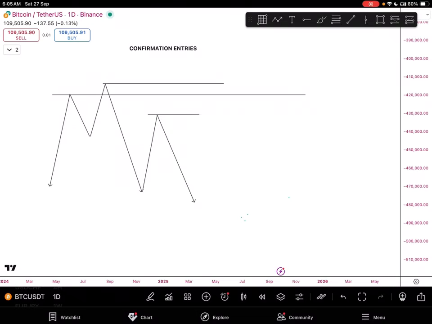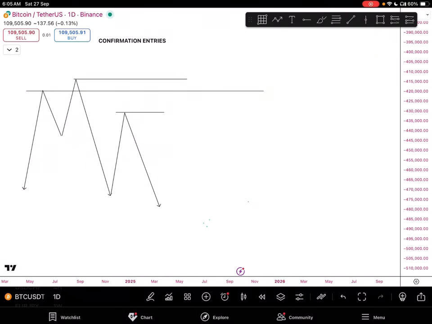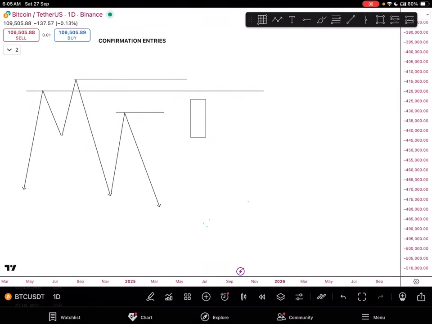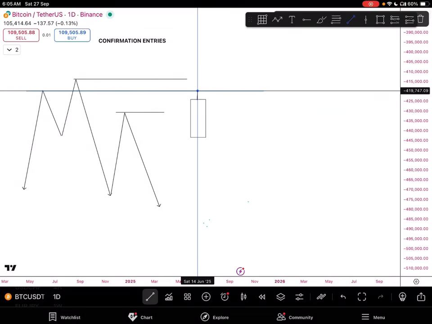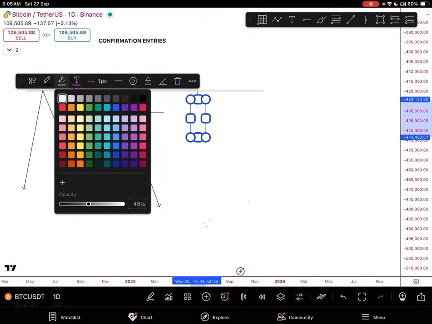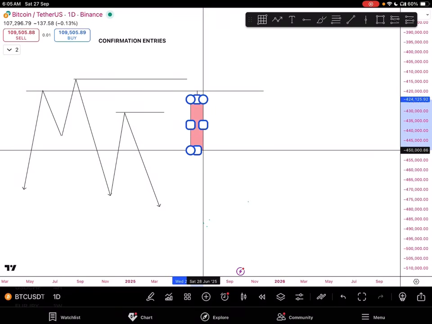Here there is a lot of confusion for you. Wait for the price to reach the key level. So when the price reaches the key level here, some people wait for the price to close in the H4 time frame.